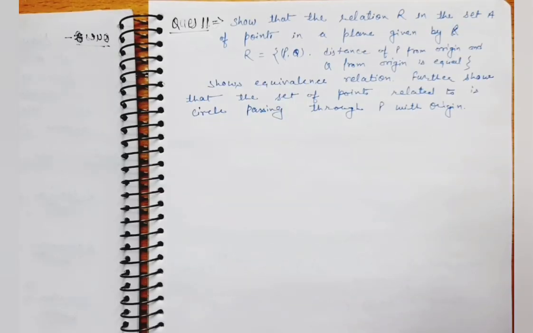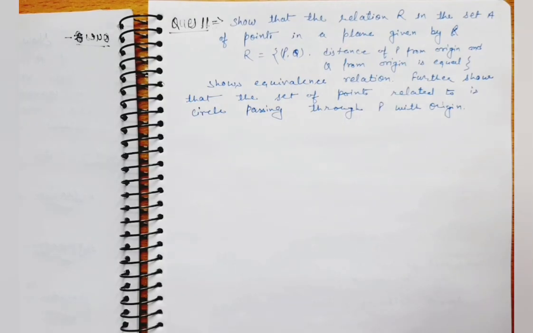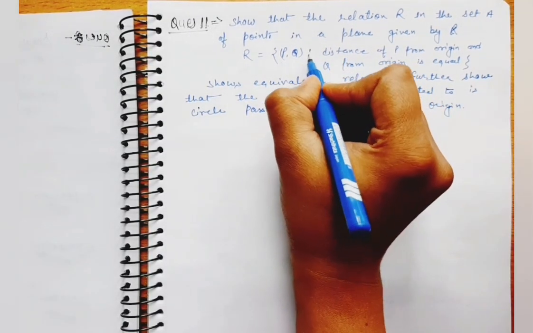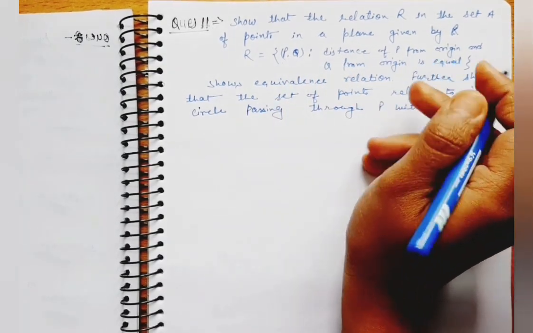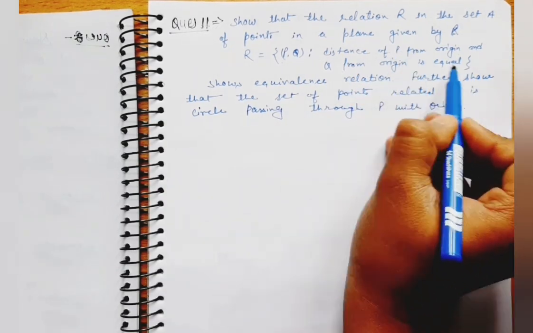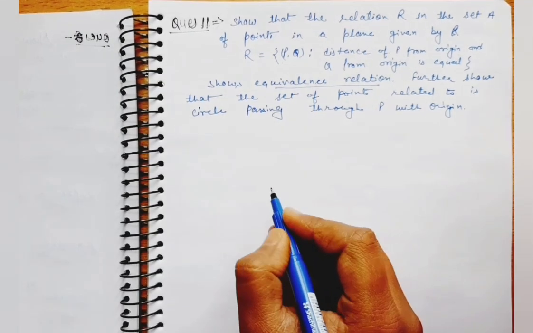In the next question of the exercise, show that the relation R in the set A of points in the plane, given as (P, Q) where P is the distance from the origin and Q is also the distance from the origin, and they both are equal, is an equivalence relation.